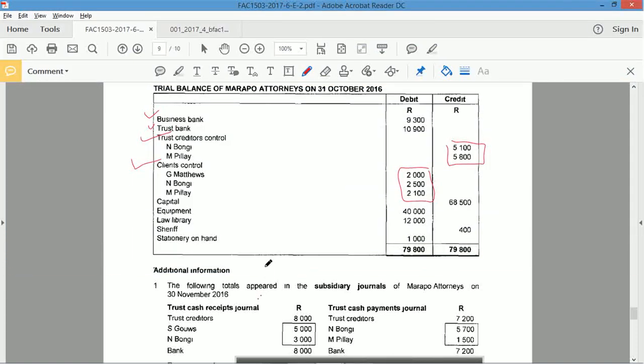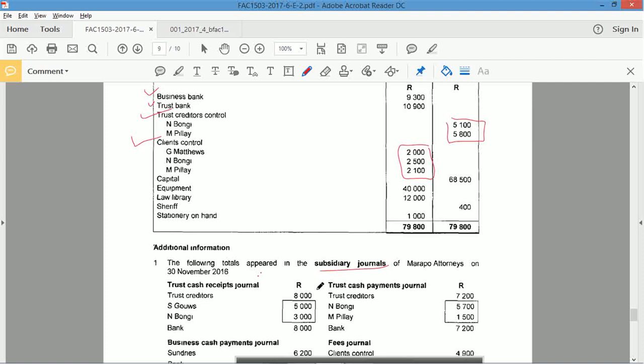Okay, so the following totals appeared in the subsidiary journals on 30th of November. Remember, subsidiary journals record specific transactions. So what transaction would go in the trust cash receipts journal? Cash. Think about it. When do you get a trust creditor?